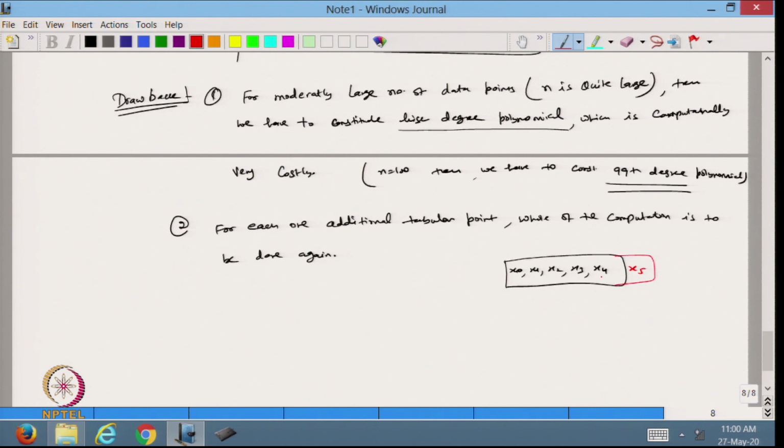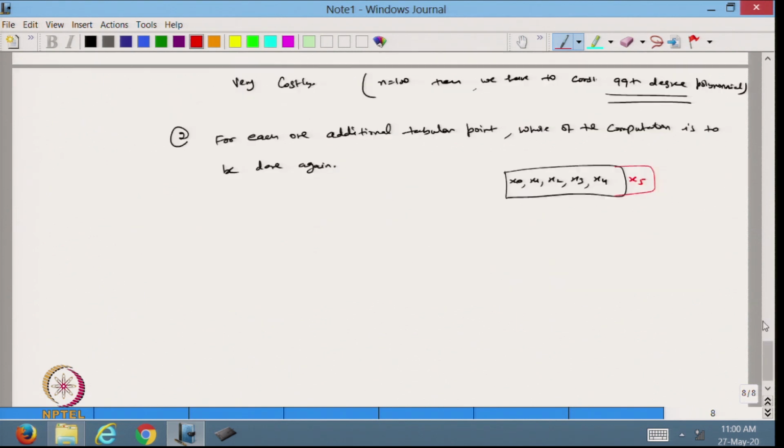So, in this case I have to constitute the whole process again, so that I should be able to write the 5th degree interpolating polynomial now. So, if I add just one point, then the whole process we have to repeat, and the whole computation we have to do again and again.